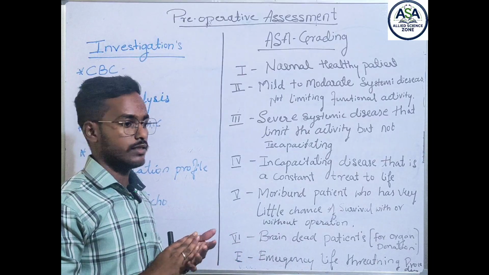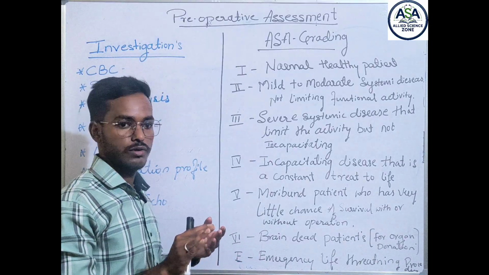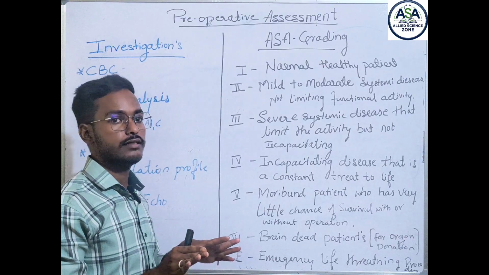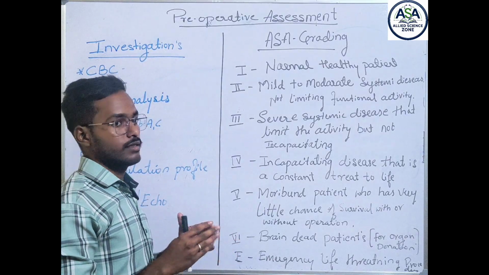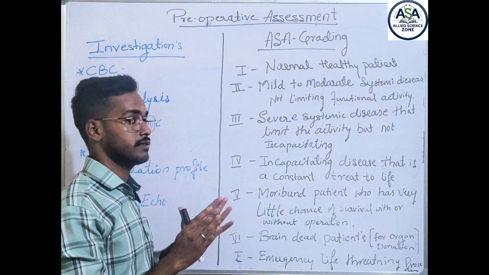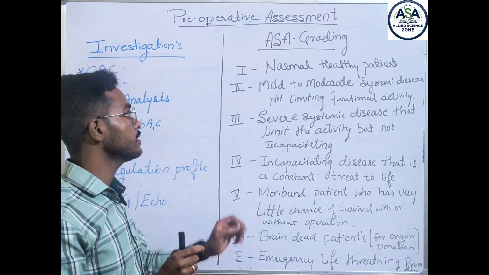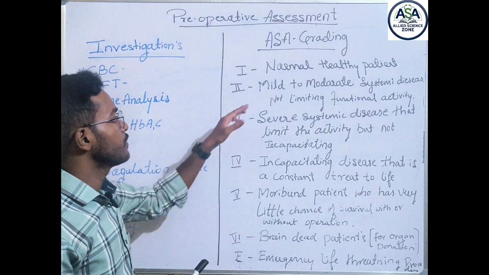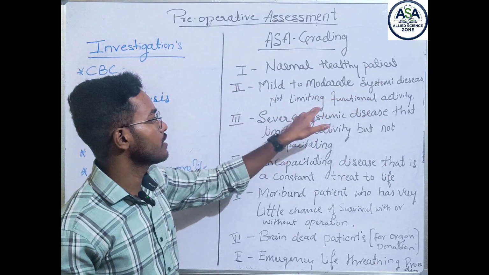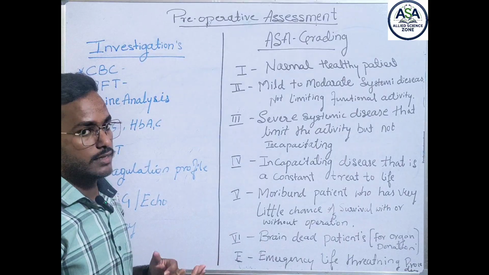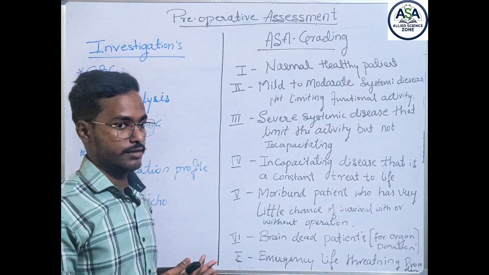In ASA grade 1, the patient has no comorbidities and is not on any medication. The patient is fit for surgery and healthy. Such a patient is ASA 1. ASA grade 2 means mild to moderate systemic disease, not limiting functional activity.